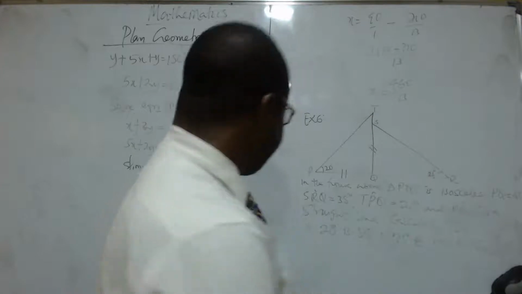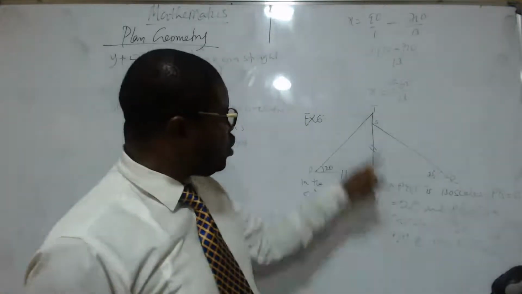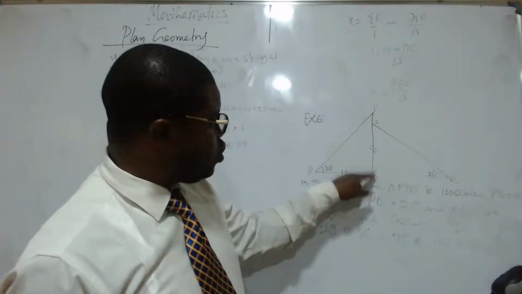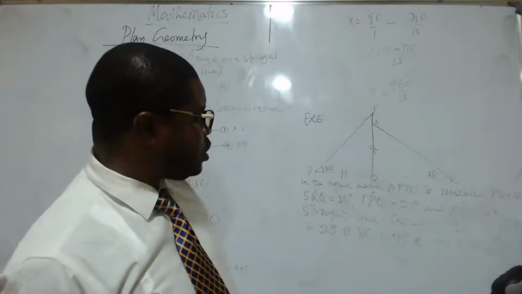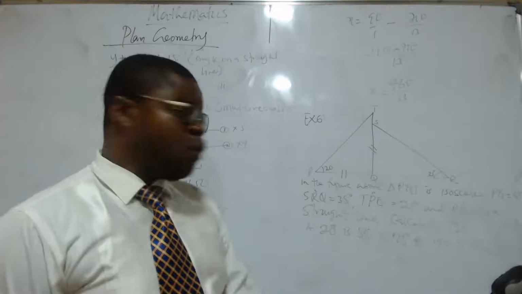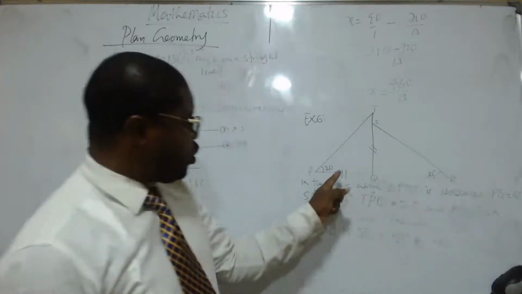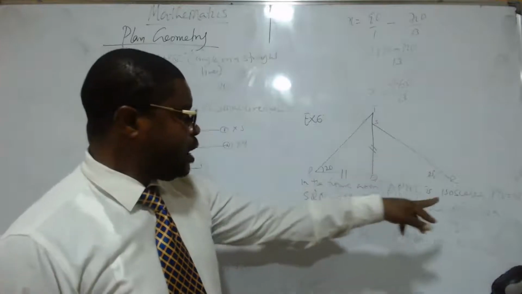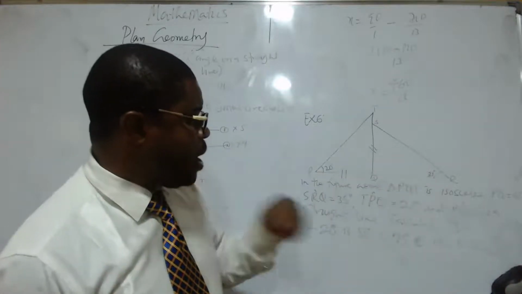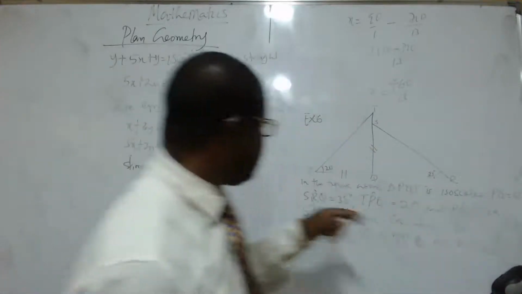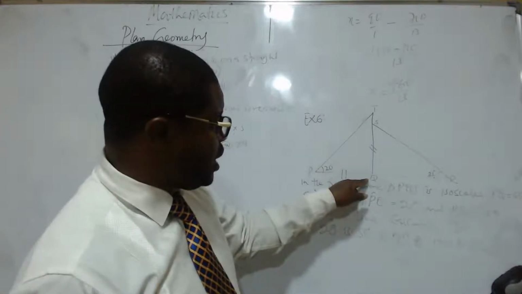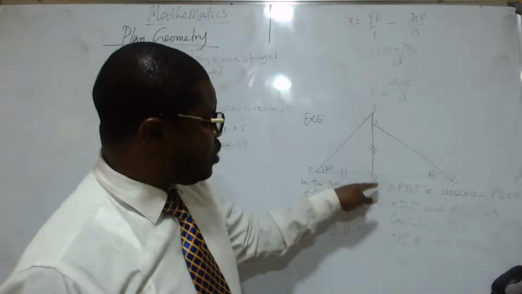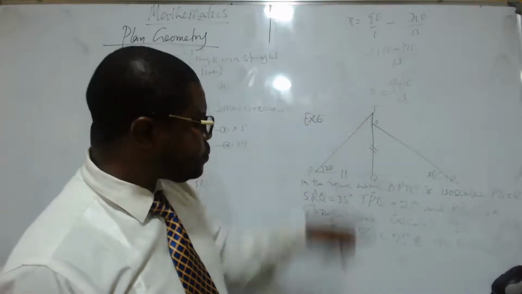Now look at this. At the figure above, triangle PQT is an isosceles triangle. Why is it an isosceles triangle? Because two of its sides are equal. Now PQ is equal to QT. This angle here is equal to this angle here.